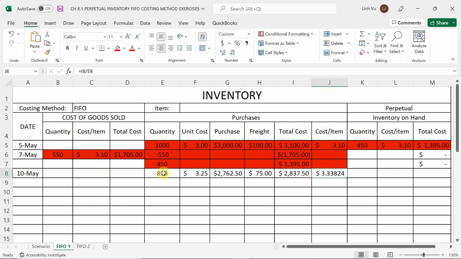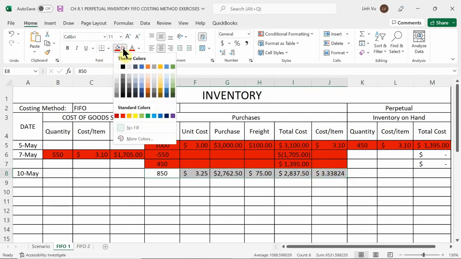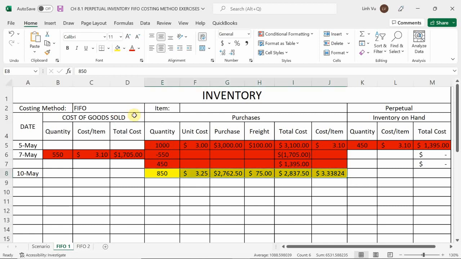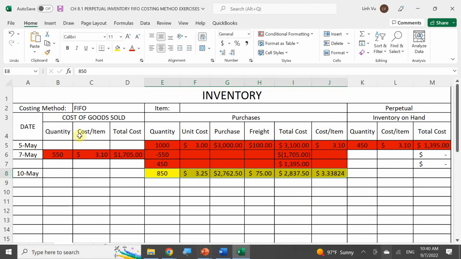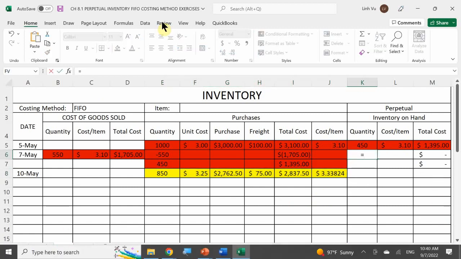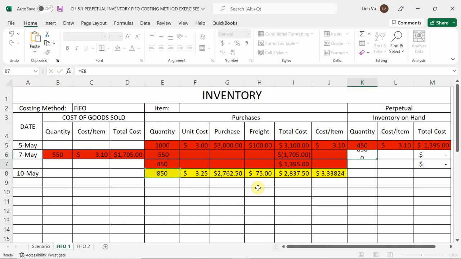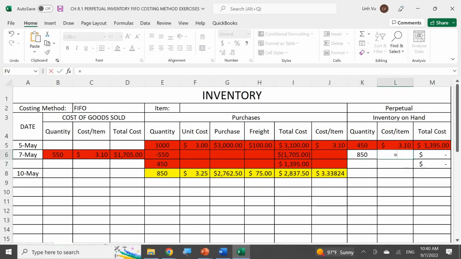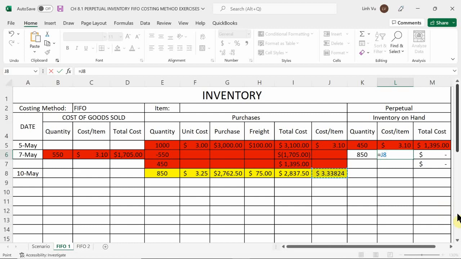But in this case, I have a new inventory in my inventory, right? I'm going to color code that. Let's do yellow. So I'm going to transfer that amount into my inventory on hand because now I have purchased 850 units and it's currently at that 3.3824, right?